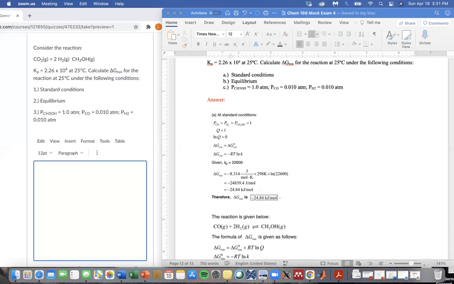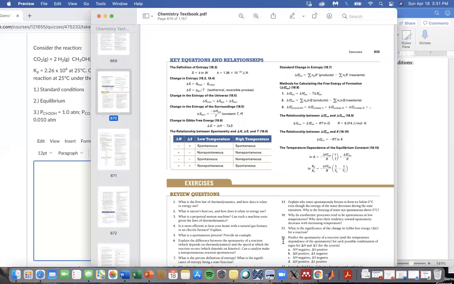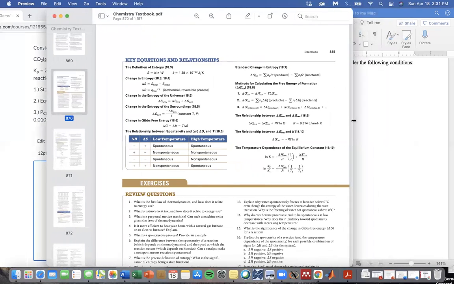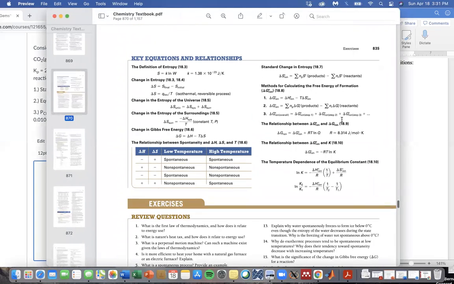An important thing here that will probably come up again, because they'll probably put something on the exam like, what is the delta G under standard conditions? You should know that the standard conditions are 1. To reestablish that, first you're using this equation, which is used when you're not at equilibrium, or you don't know if you're at equilibrium.